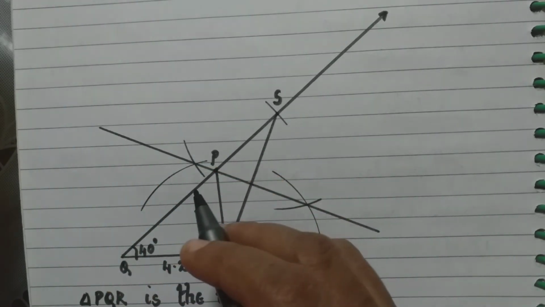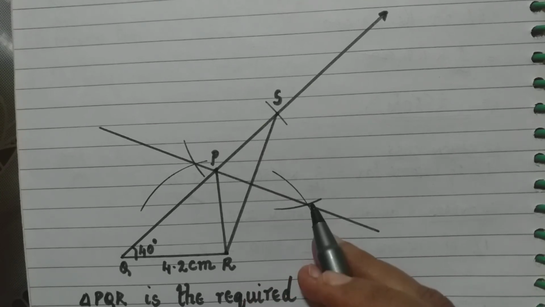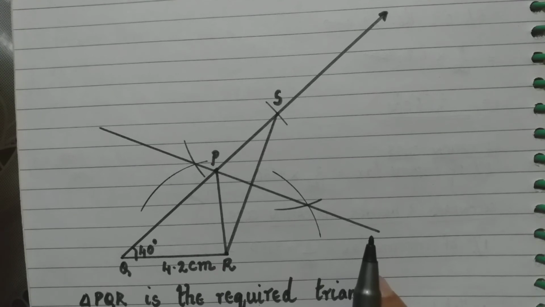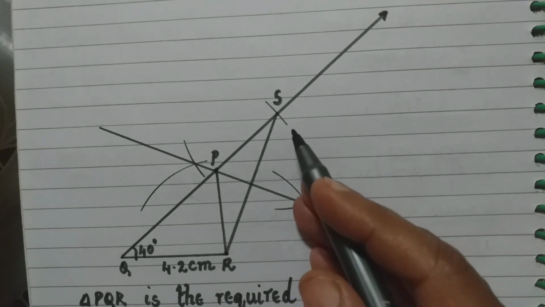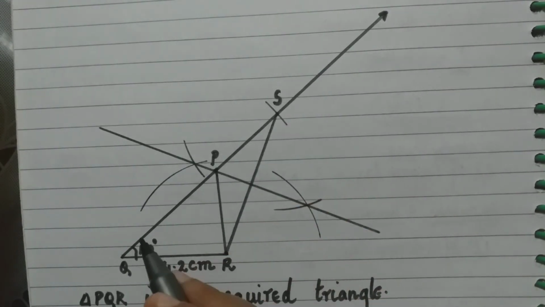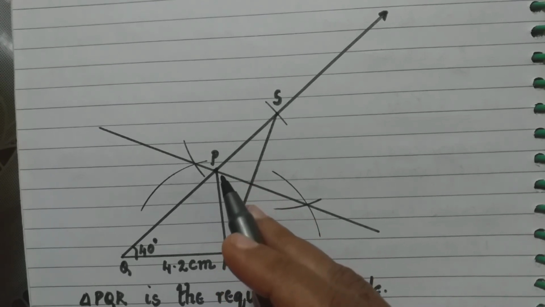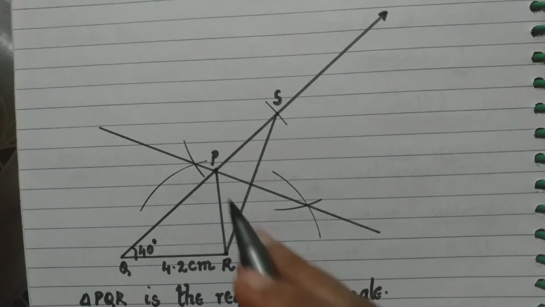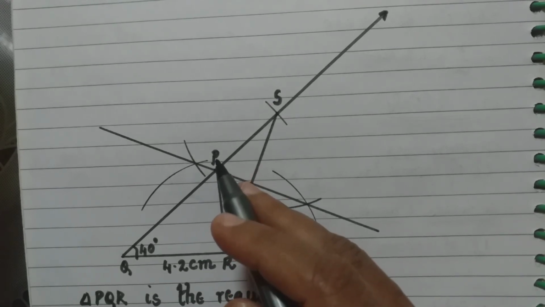So draw a pair of arcs above the line SR and below the line SR, and then draw a line passing through the points of intersection of the two sets of arcs. Now where this perpendicular bisector cuts the first side, that is QS, we consider that point as P. What is P? It is the third vertex of the triangle. Two vertices are already got. We were trying to find out the third vertex. So this will be the vertex P.